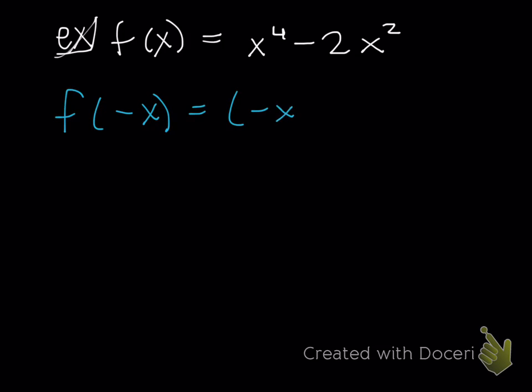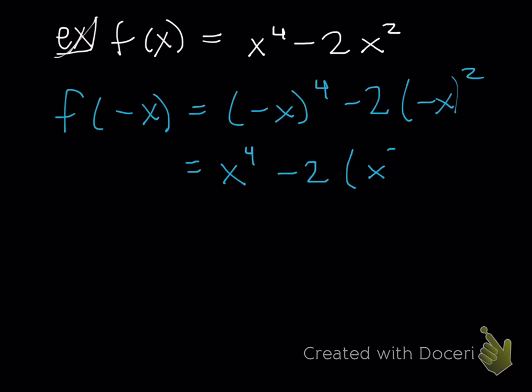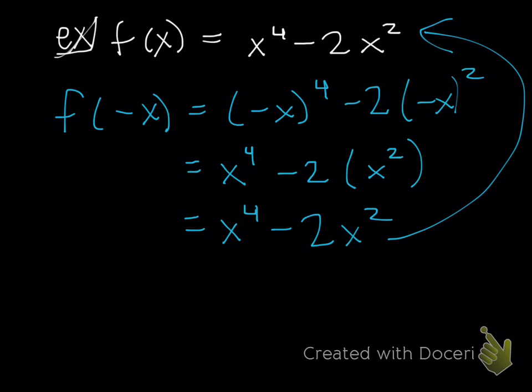So I have negative x to the fourth power minus 2 times negative x to the second power. So negative x to the fourth power will become a positive x to the fourth. And then I'll have minus 2. A negative x squared becomes a positive x squared times that negative 2. So I get minus 2x squared. Notice it's exactly the same as the original, so we call this function even.